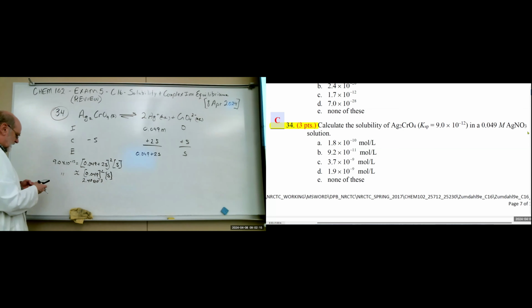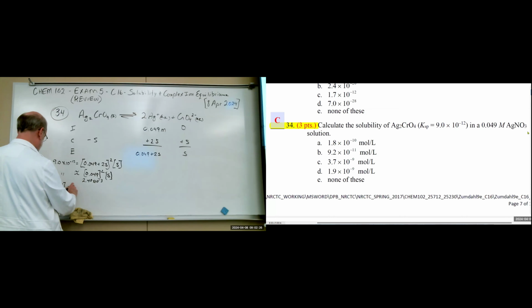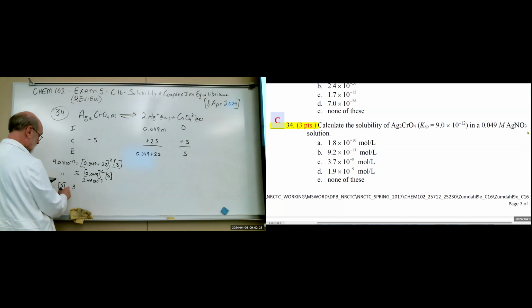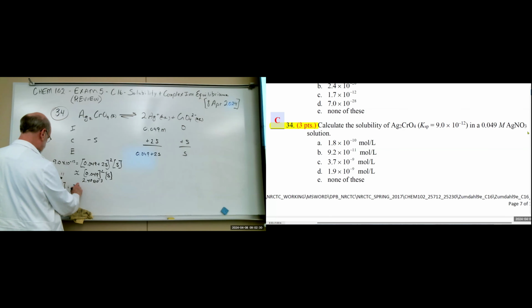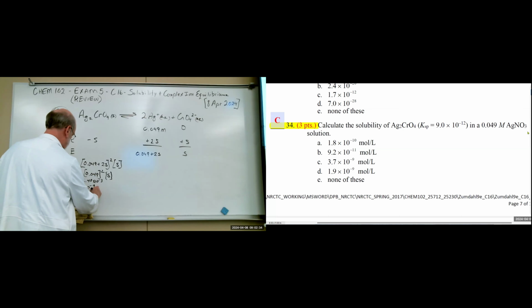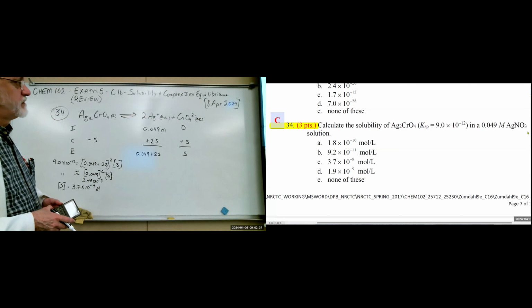And I divide that into 9 times 10 to the minus 12. And I get S concentration, that's solubility, 3.7 times 10 to the minus 9 molar. That'll be C.